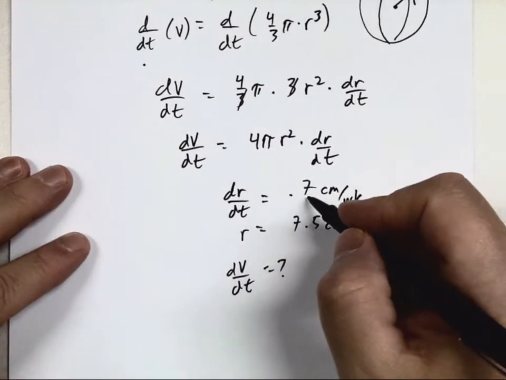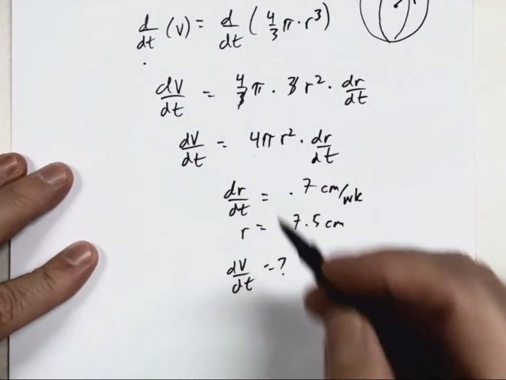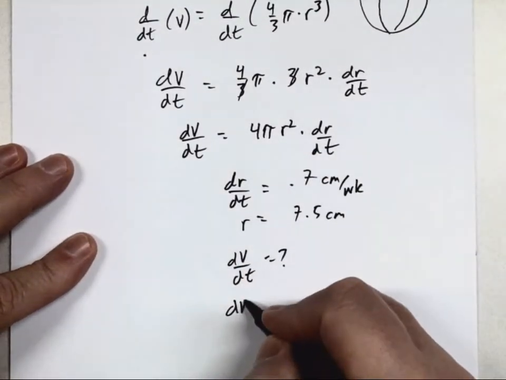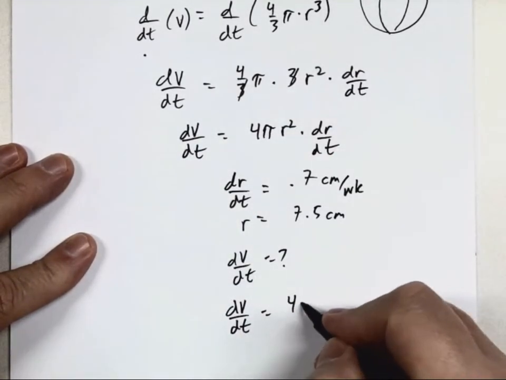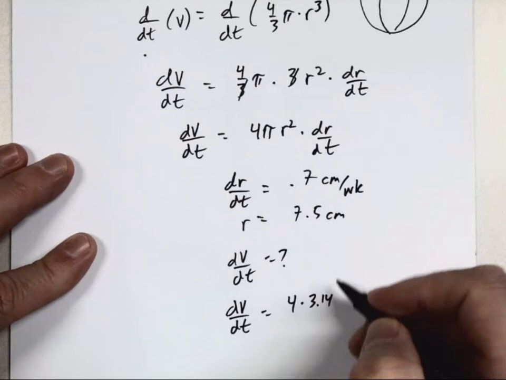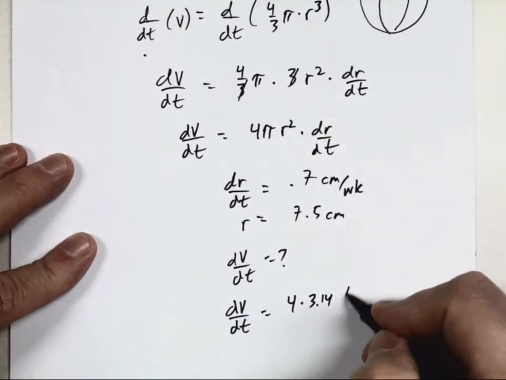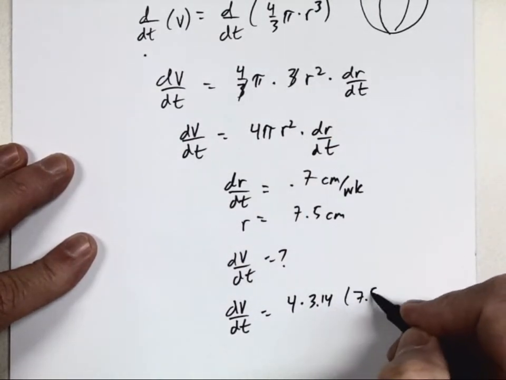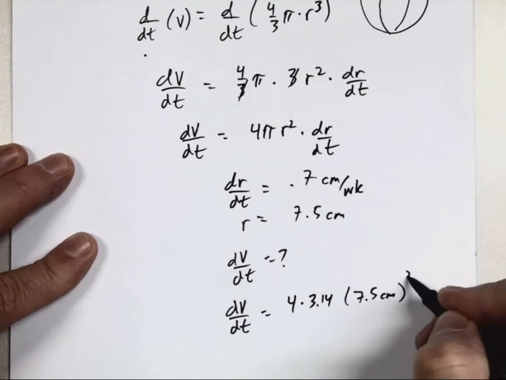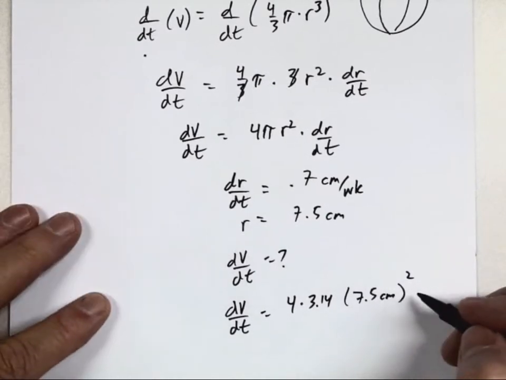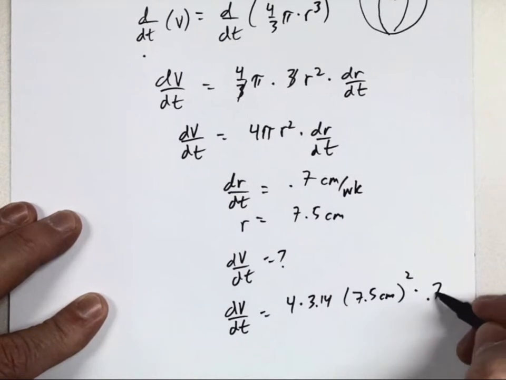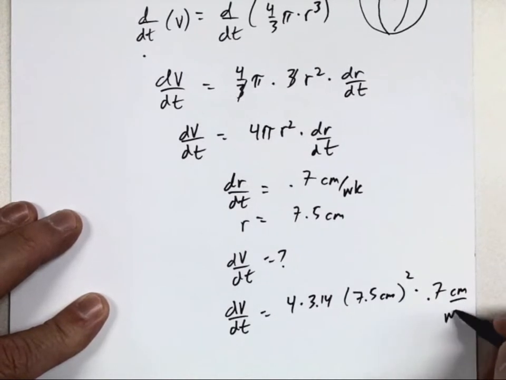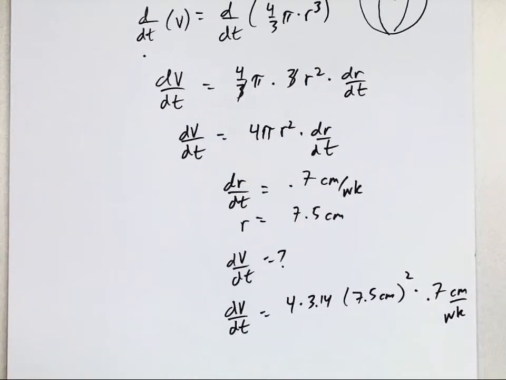So once again, simply plug in the numbers I have. I'm solving for dV/dt. 4 times pi, which is like 3.14, times r squared, 7.5 squared, times dr/dt, which I said is 0.7 centimeters per week.